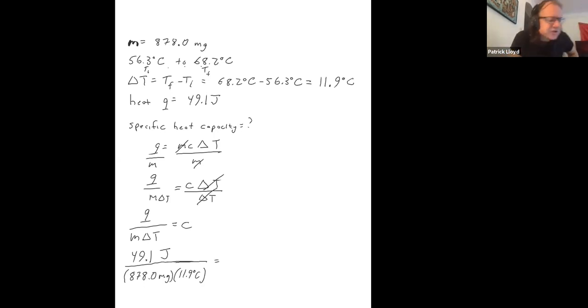There's no canceling here. So it's just going to have those 3 units, but that's okay. Specific heat, we said, is typically joules per gram degree C. So let's go through the arithmetic. 49.1 over 878 over 11.9. I think they said they wanted 3 significant digits. So we end up with this very small number.